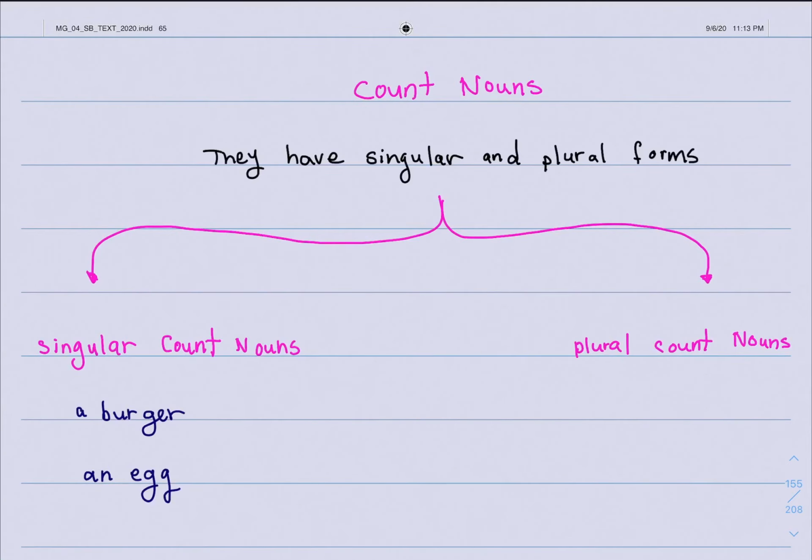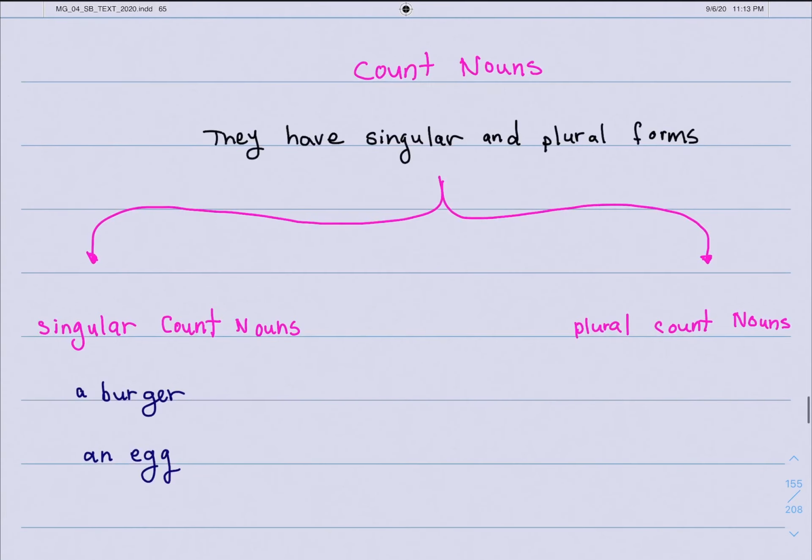So the first thing we will be looking at is count nouns, اللي هي الأسماء المعدودة. Count nouns, from their name, I can count them, and they have singular and plural forms. طبعا لهم مفرد وللمفرد plural جمع. For example, the singular count nouns: I have a burger, an egg. As for the plural count nouns, a burger will be, for example, 2 burgers.